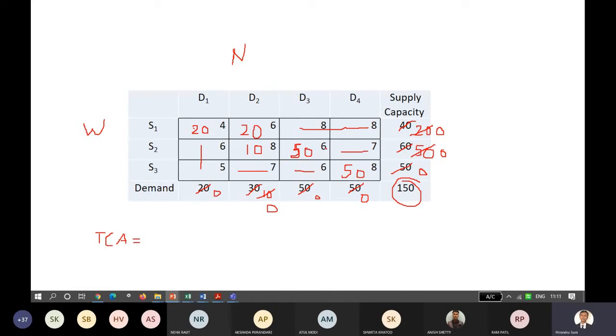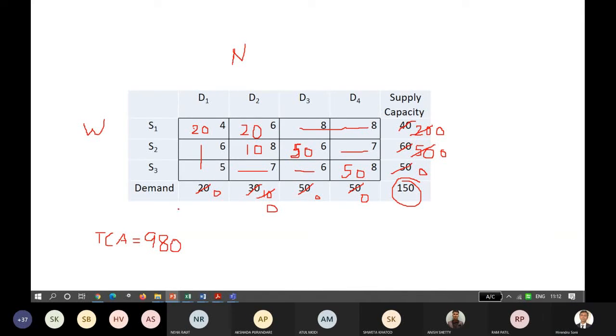Plus 50 into 6, 300. 280 plus 300 is 580. Plus 50 into 8, 400. So 580 plus 400 is 980.